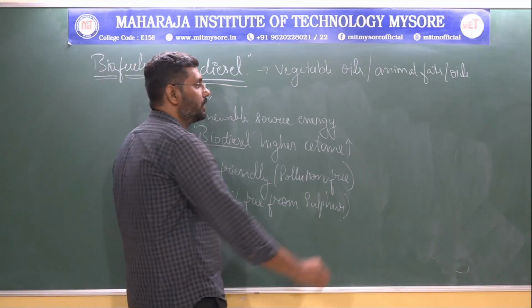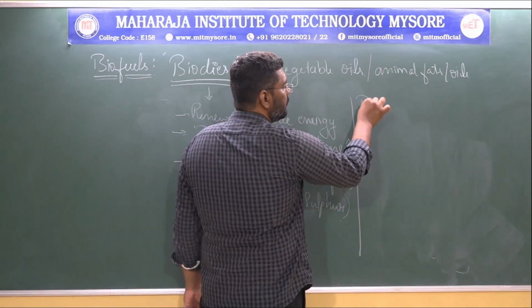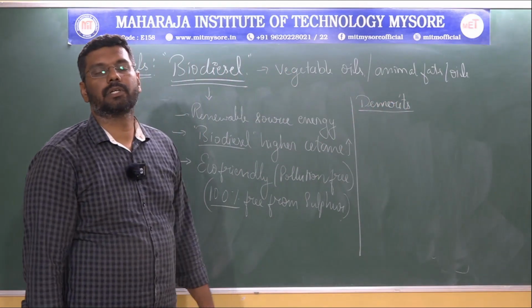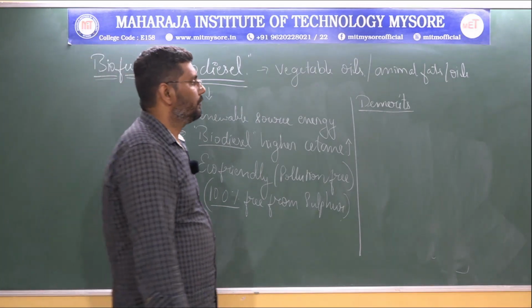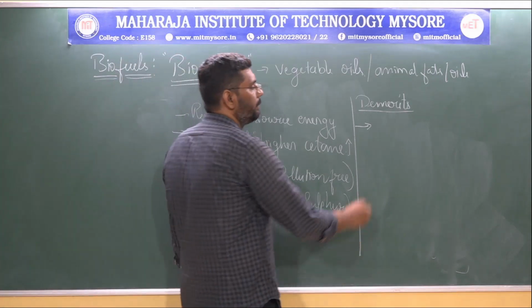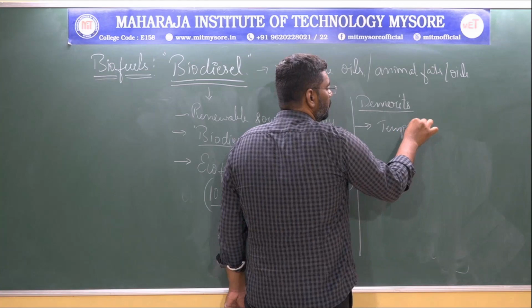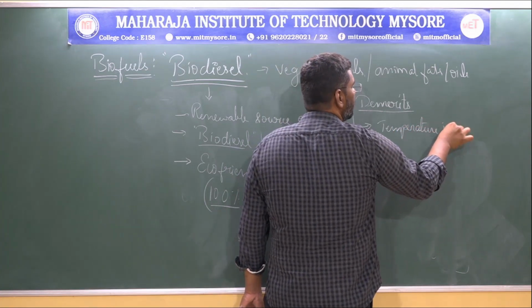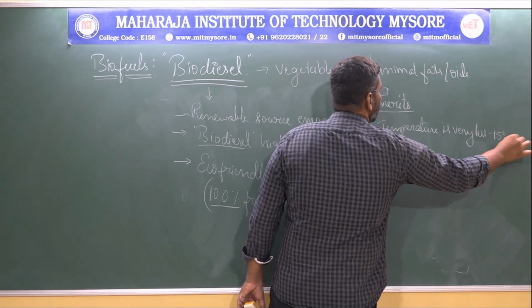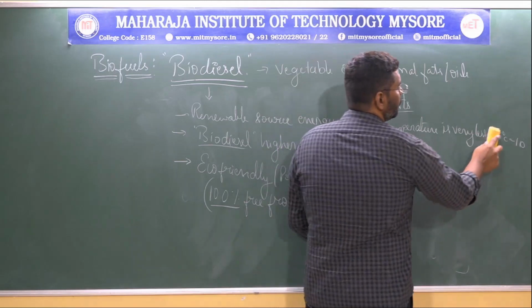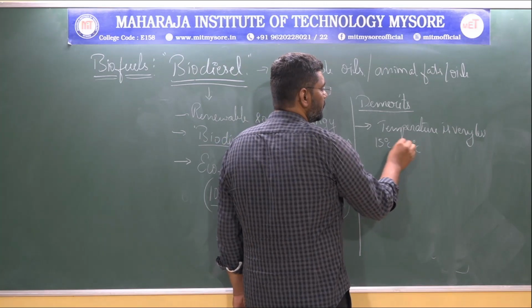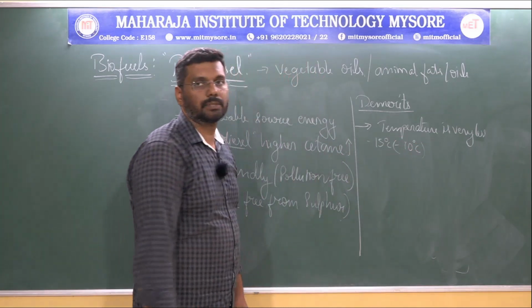Apart from that, biodiesel also has its own demerits, that is, disadvantages. The very first thing is that when the temperature is very low, from 15 degrees centigrade to minus 10 degrees centigrade, what happens at this particular temperature?